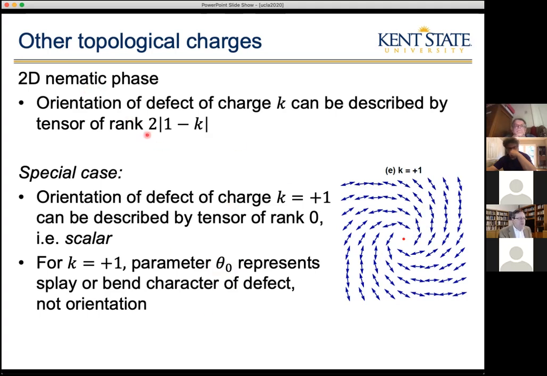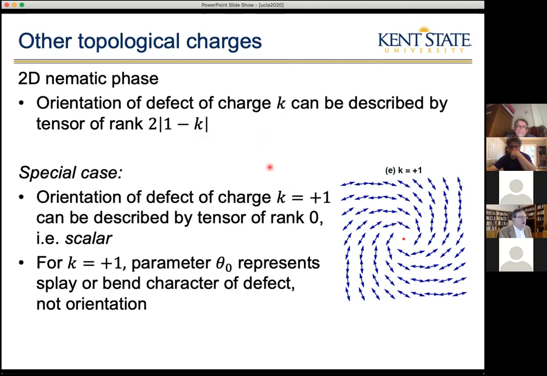We also have a generalization to not just nematic phases, but n-adic phases, phases with n-fold orientational order, and then this 2 gets converted to an n. So n times this absolute value.